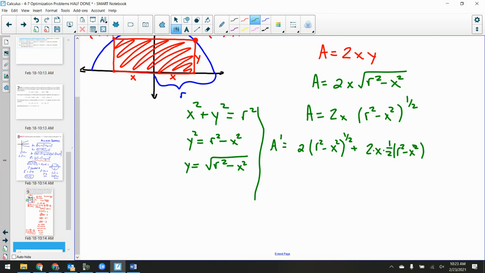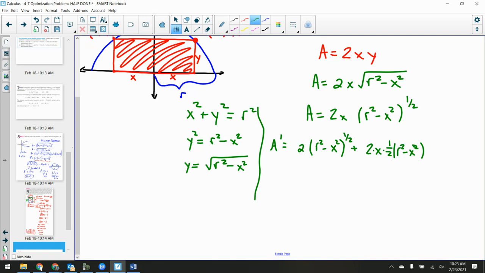However, what happens with r squared when I differentiate that? Does it become 2r? It goes away because it's a constant. It's just a number, remember? It's not a variable. What if this had been 5 squared? What would have happened with 25? It would have just gone away when I chose to differentiate it.